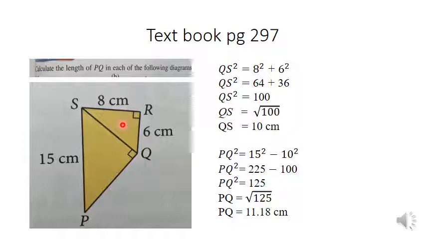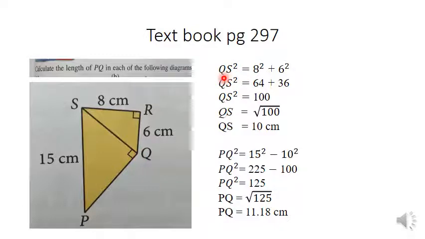This triangle is a right angle triangle because you have a 90 degrees angle. So, you can use Pythagoras theorem to find the length of QS. That means you can write the relationship between the three sides.